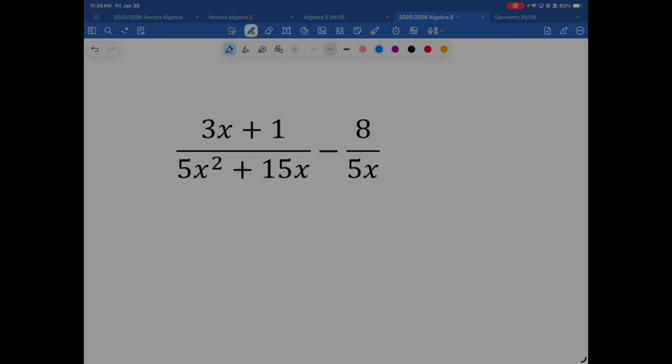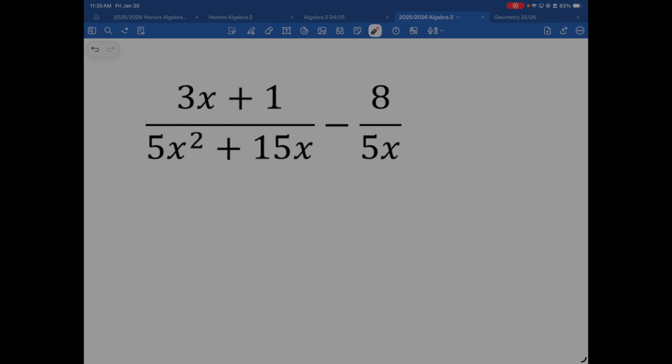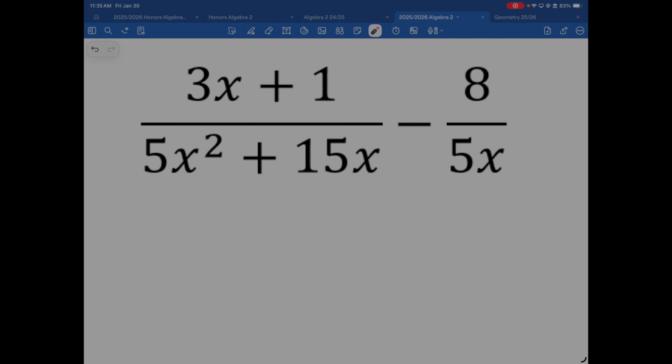3x plus 1 over 5x squared plus 15x, minus 8 over 5x. Can 3x plus 1 be factored? I don't think so.